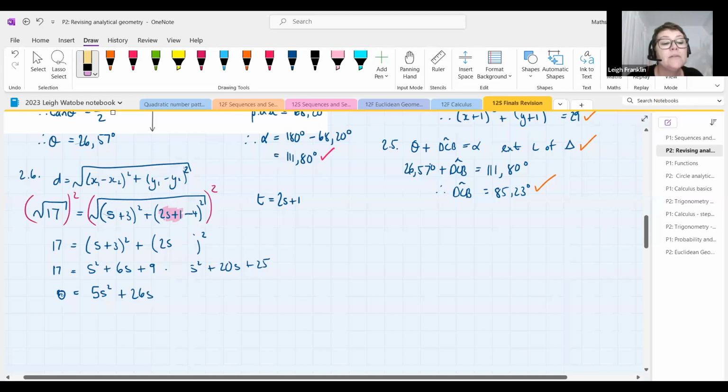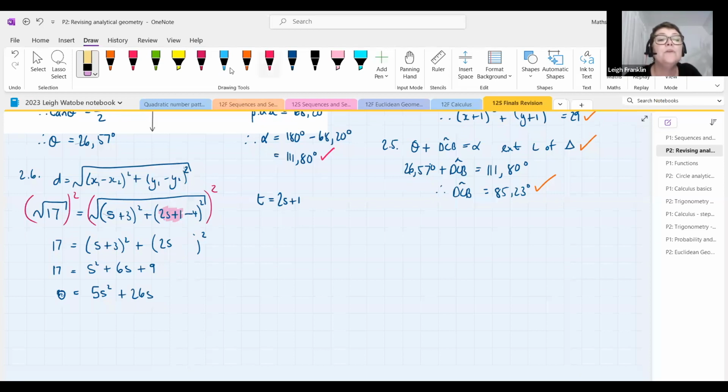I realized now that I'd made a little mistake there. Okay, so this should be minus 3, like I think I originally had that. Anyway, all right, so now that gives us 4s squared minus 12s plus 9.